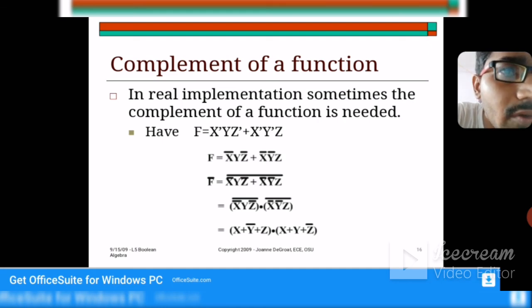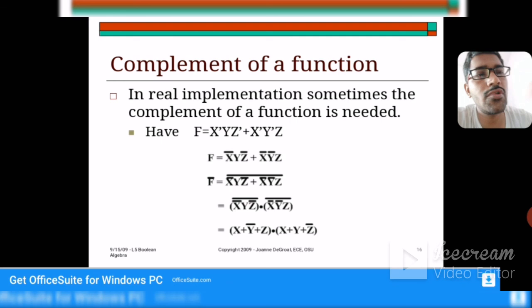And again for the second term, complement of x bar is equal to x, plus complement of y bar is equal to y, and plus complement of z is equal to z bar. These complements can easily be derived by using De Morgan's law. So this is it for the Boolean algebra simplifications.